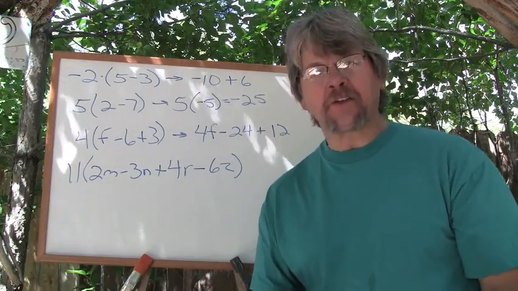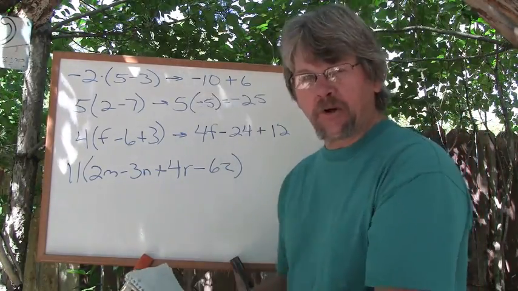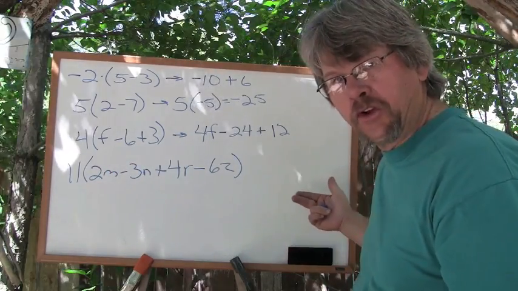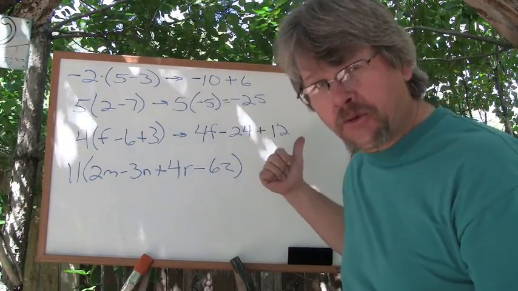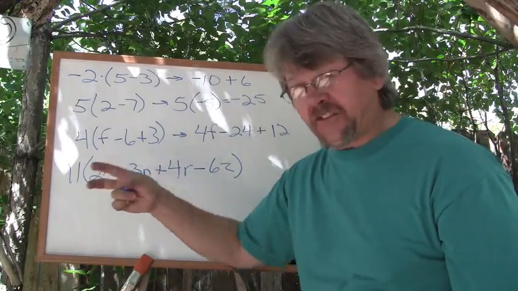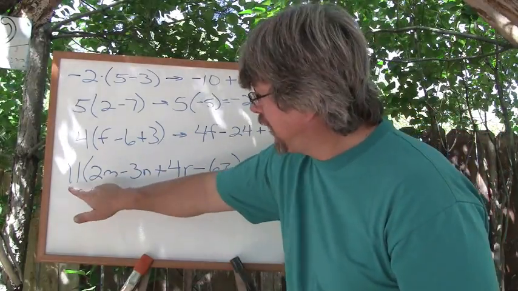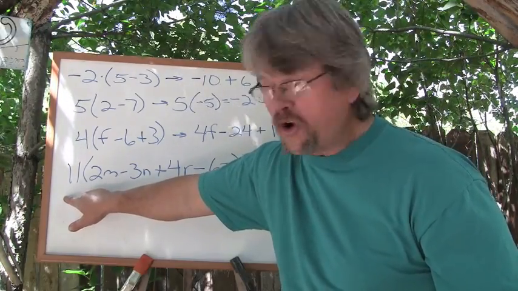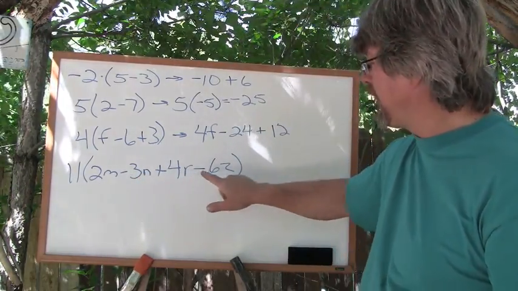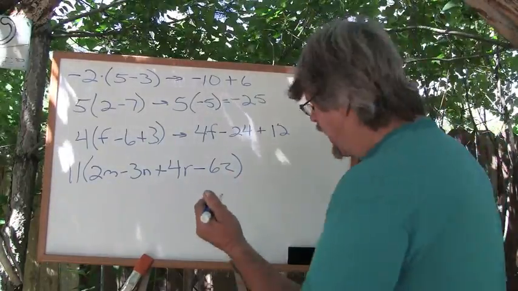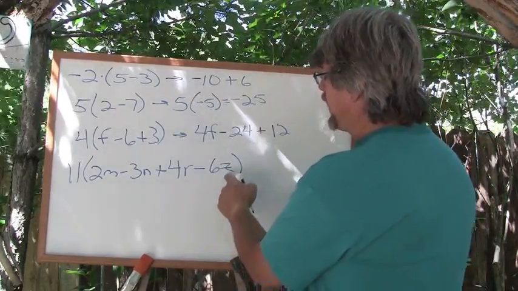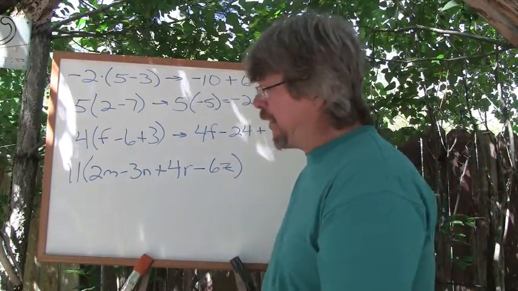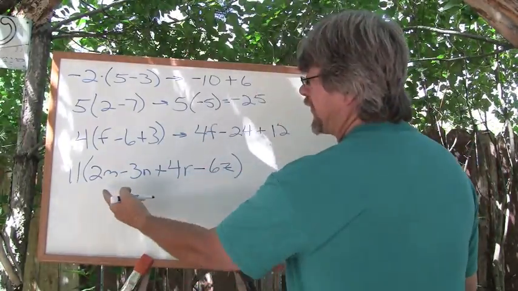No, you can do this. Watch. It's the same principle. If this group stretched out to 3.5 miles down the road, it's still the same thing. You simply distribute the outside term to each term in the parenthesis every time. And that's a z, that's not a 2. It sometimes helps to put a little bar through your z so you don't get confused with whether it's a 2 or a z.